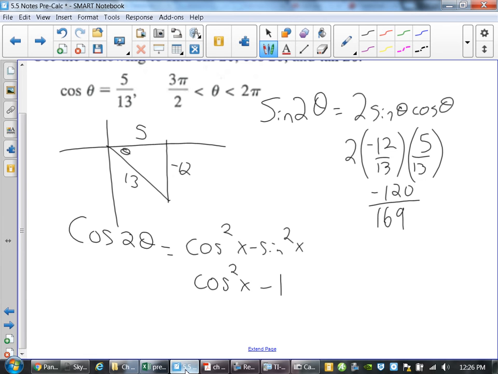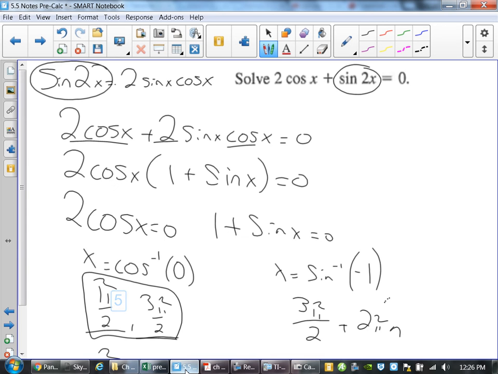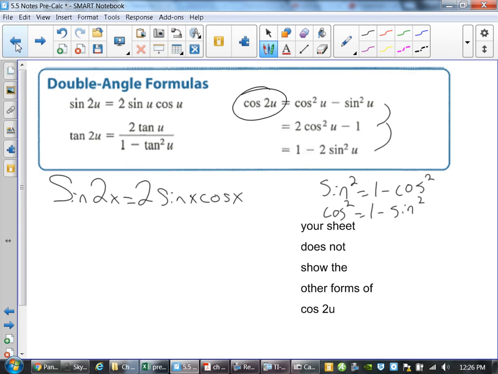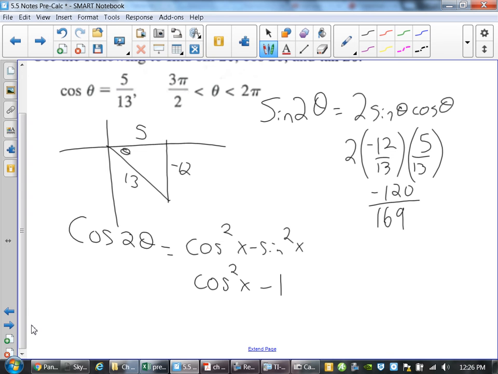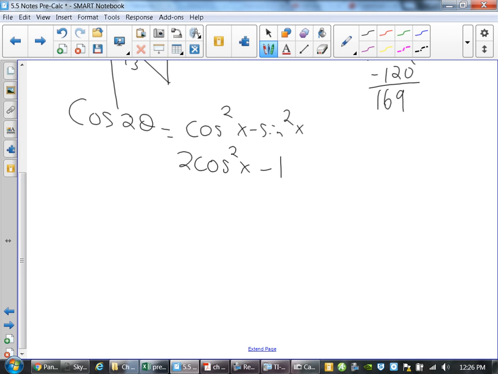So now you just take your value of cosine. Was that a 2? Yeah, we missed a 2 there. It is a 2 cosine, excuse me. It was 2 here. So now it's just 2 times our cosine value.